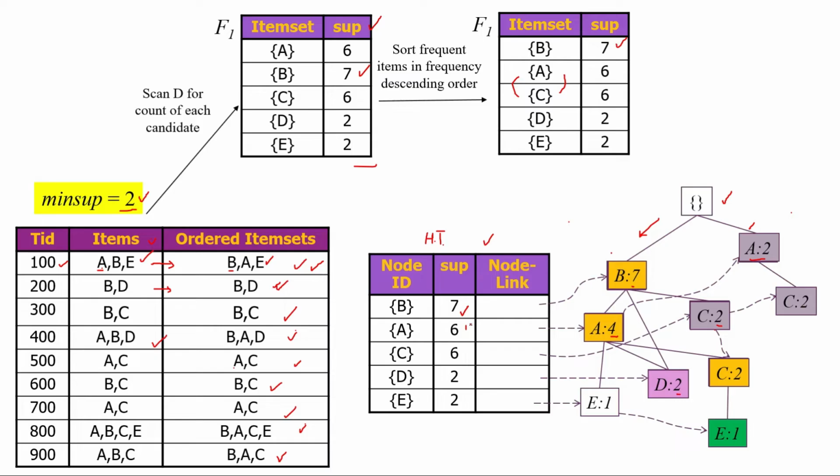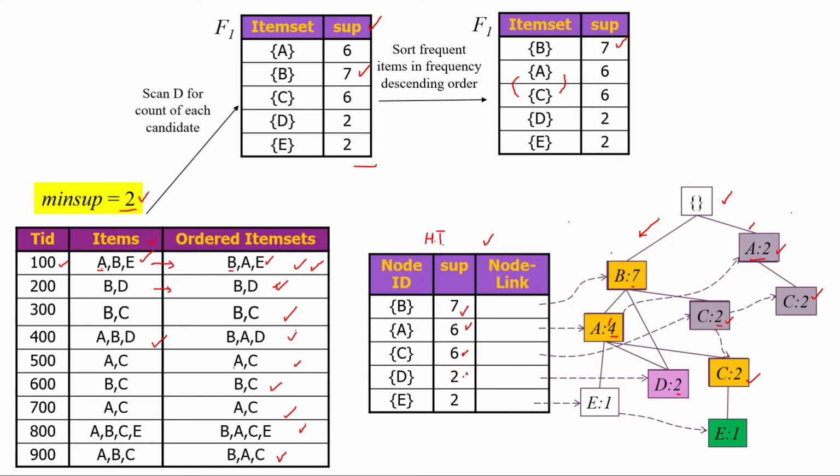A's count is 6, and in the FP tree A's count is 4 along this path and 2 along this path, and if we sum these together it's 6. Similarly for C, its count is 6, so C's count is 2 along this path, 2 along this path, and 2 along this path, and if we sum these together the result is 6, so it's again verified.